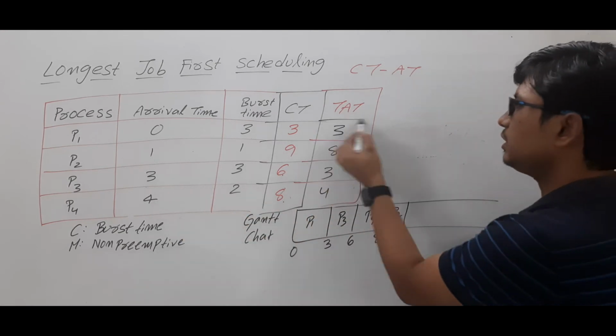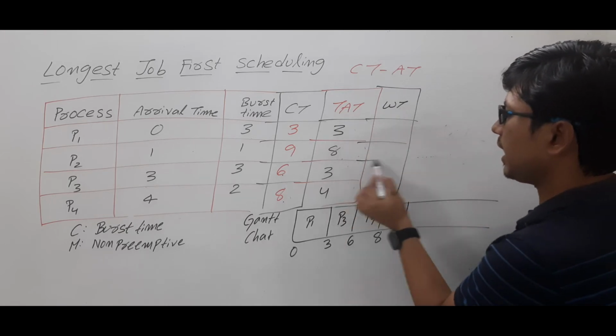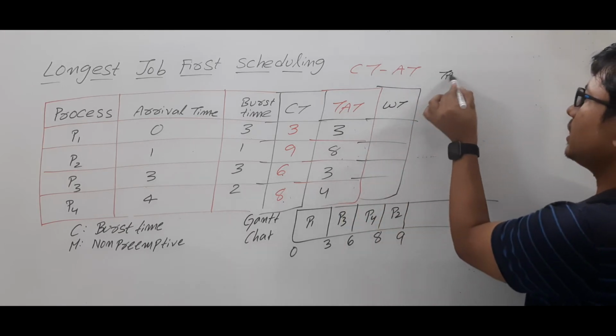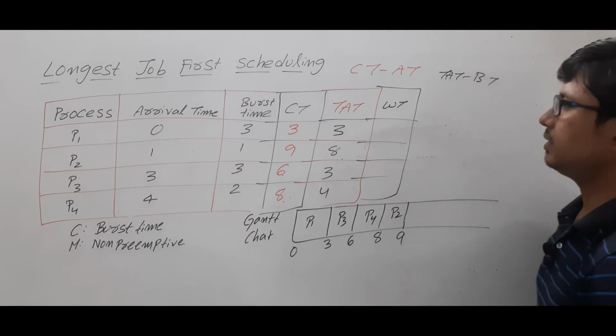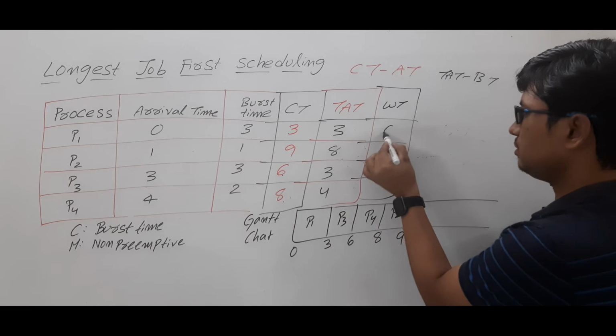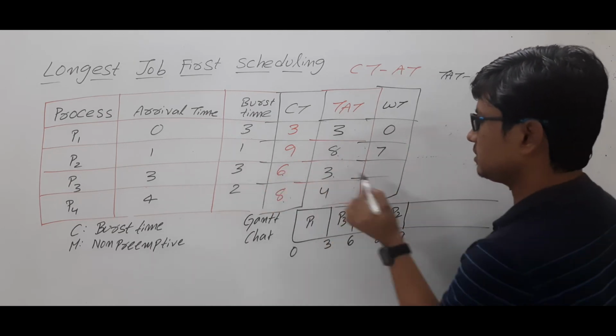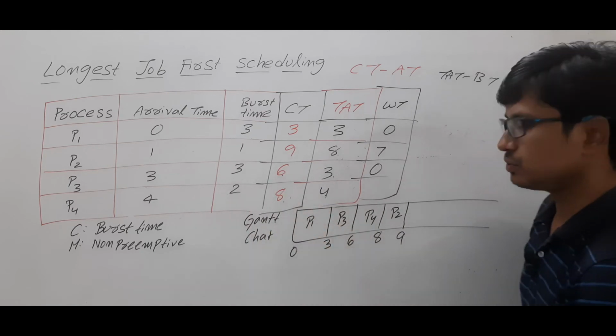Now we need to compute the waiting time. The waiting time is computed as turnaround time minus burst time. Turnaround time is 3 and burst time is 3, so it is 0. 8 minus 1, 7. 3 minus 3, 0. 4 minus 2, 2.